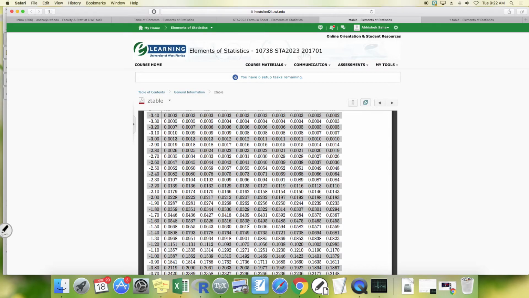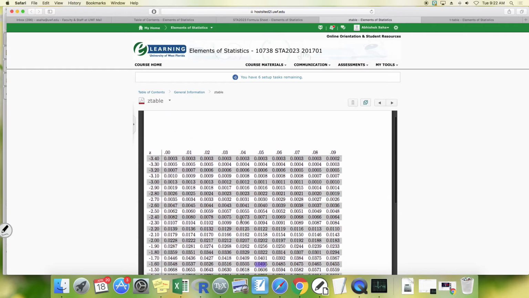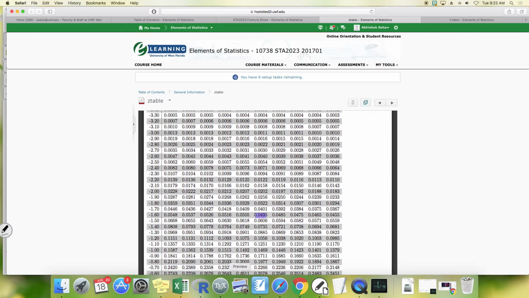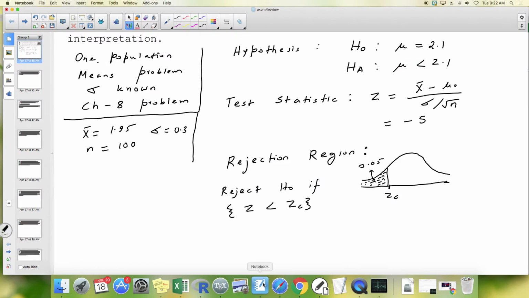Okay, so 0.05 lies between this number and this number. So between minus 1.64 and minus 1.65. So ZC shall be minus 1.645.